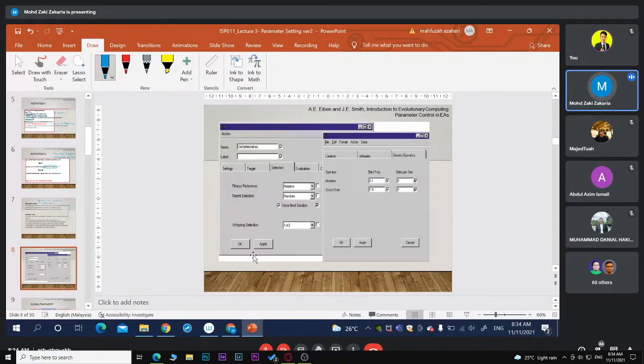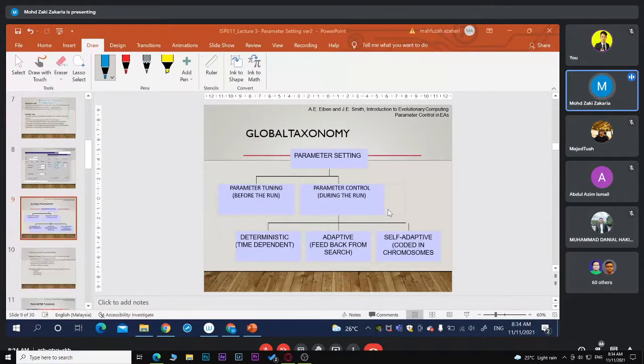Okay, for example, this is a sample of an interface. So you can set like this, the mutation rate, the crossover rate. And then, for parameter setting we have two types.